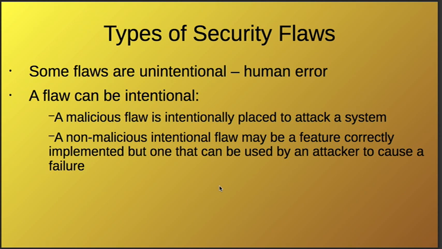A flaw can be intentional, that is a malicious flaw intentionally placed to attack a system, or it might be non-malicious, so there's no bad intent behind this flaw, and it may be a feature that's correctly implemented, but one that can be used by an attacker to cause a failure. So maybe there was no malicious intent with this flaw, but it could be a vulnerability that can be used by an attacker.